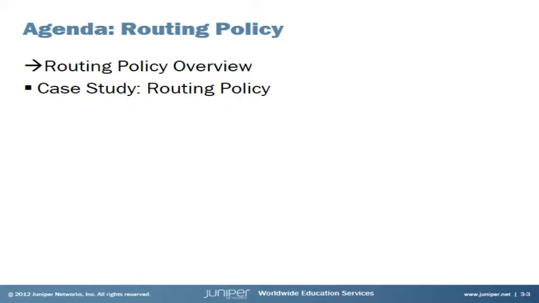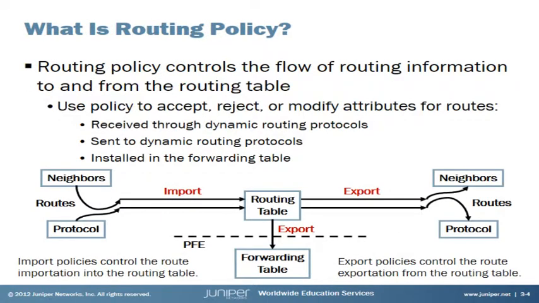Okay, so let's have a look at a situation where we might want to use those. So let's look at what they are first. A routing policy controls the flow of routing information to and from the routing table. Okay, so it is the routing table that is sort of like the core aspect of this routing policy.